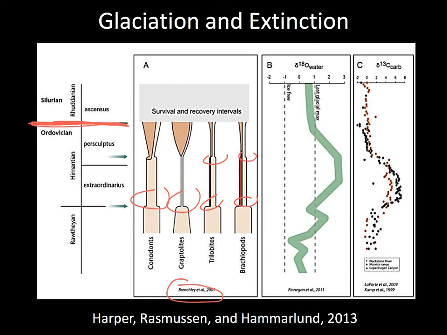You can also see that that's coincident with a delta C13 negative excursion. So this would be lots of plant life here and a rapid drop of plant life right there, that negative delta C13 excursion. What they're using to signify the formation of a large glacier is another isotopic signature, which is called delta O18.